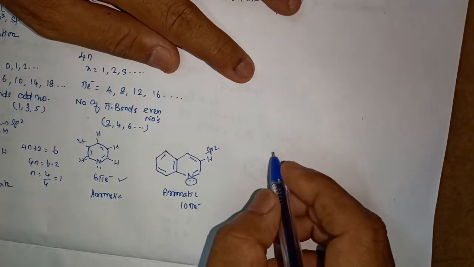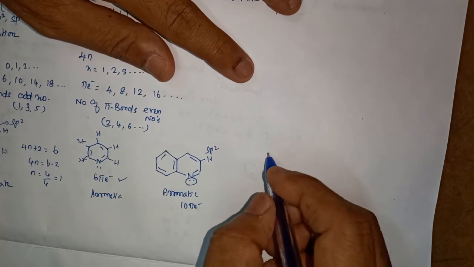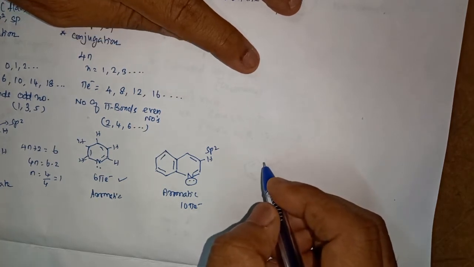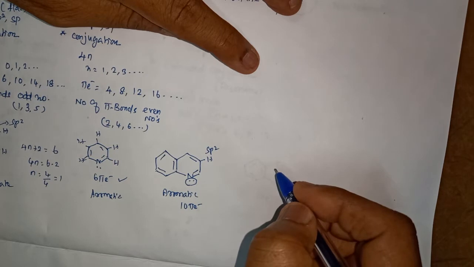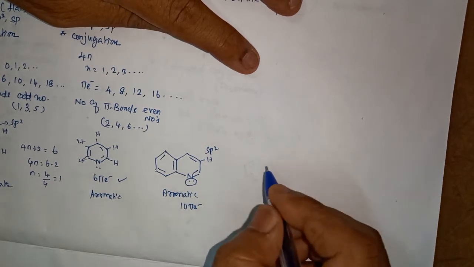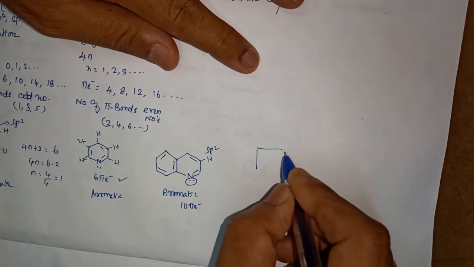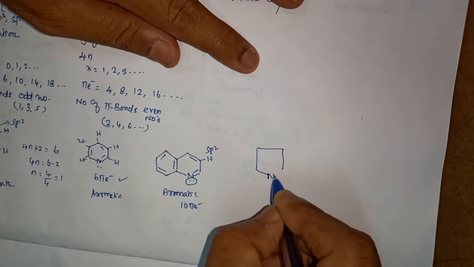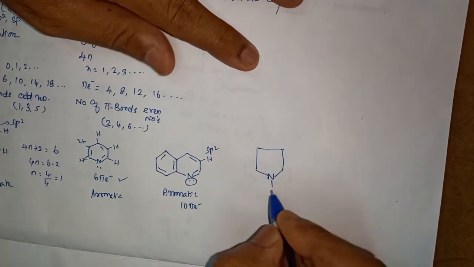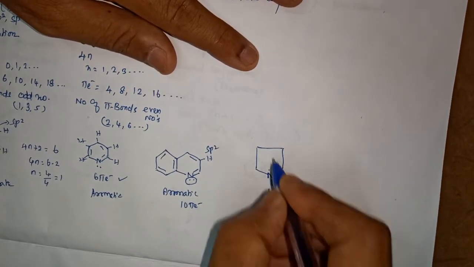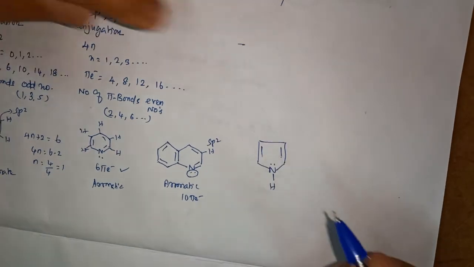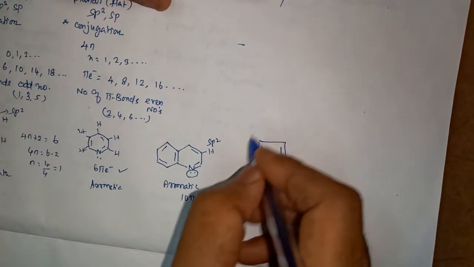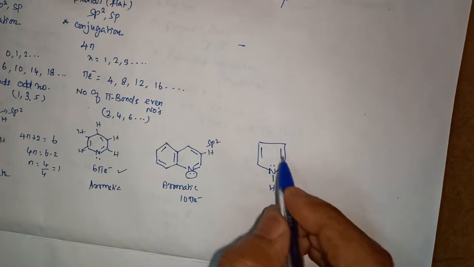Suppose I take a compound. What compound do I take here? Pyrrole. Pyrrole is the compound I take. This is named the pyrrole compound. Now, is it a ring compound?